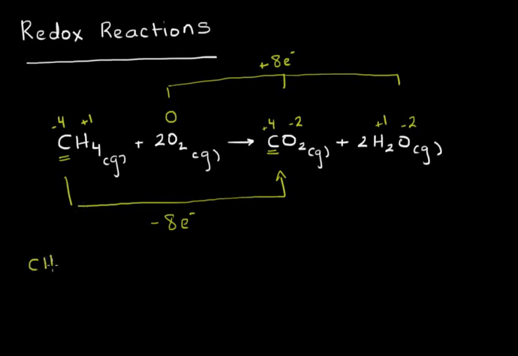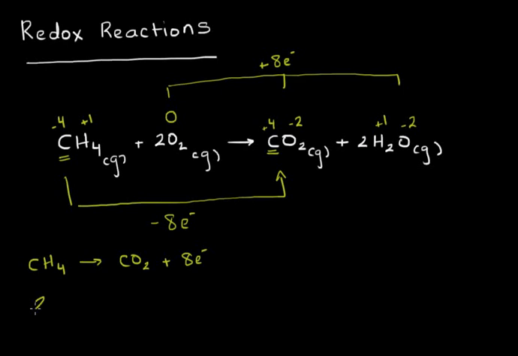These half reactions are just going to explicitly state where the electrons go or how they move. And so we see carbon, in changing from methane to carbon dioxide, gives off 8 electrons. We see here that it lost 8 electrons, and here are those 8 electrons.